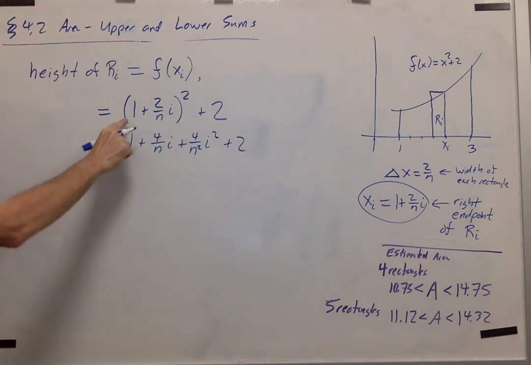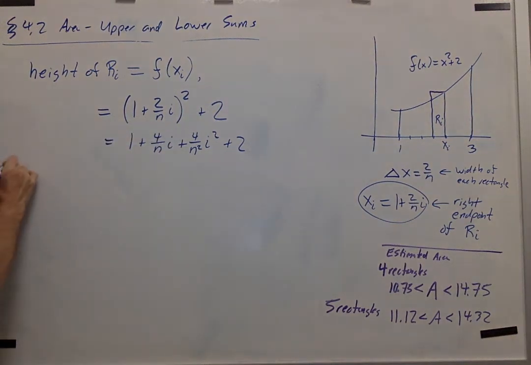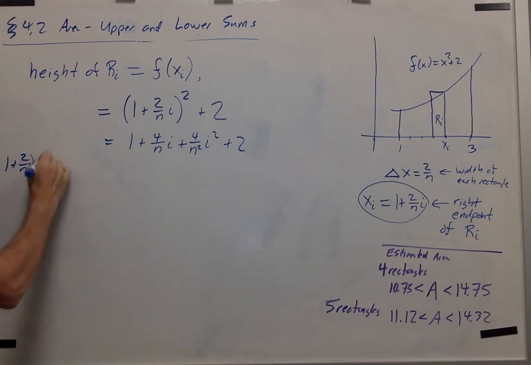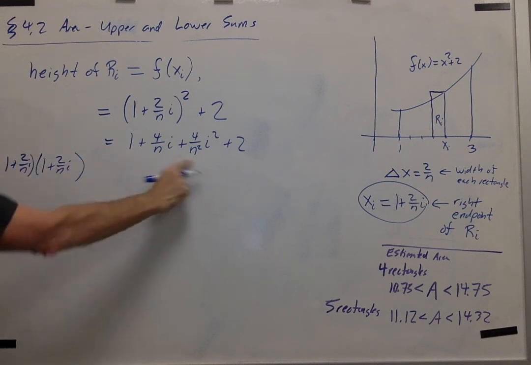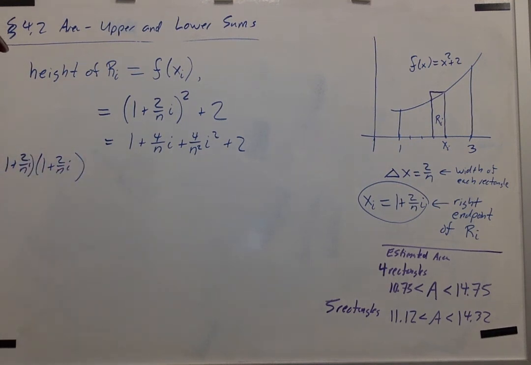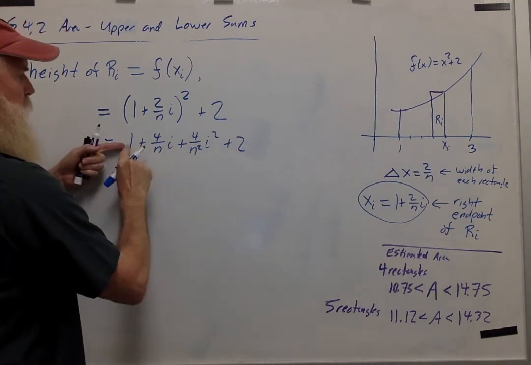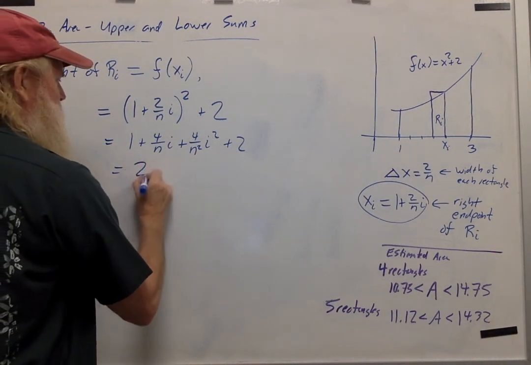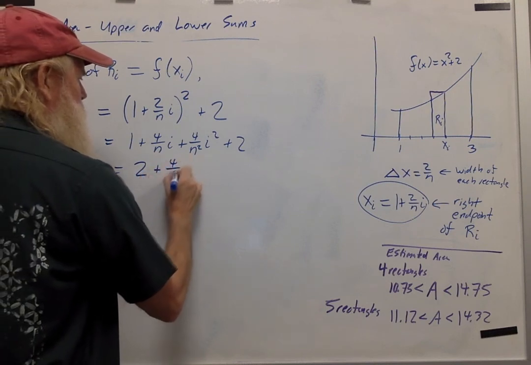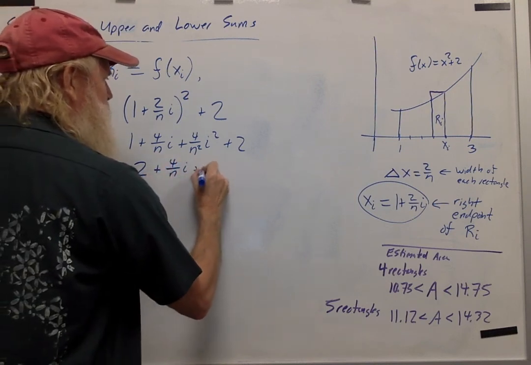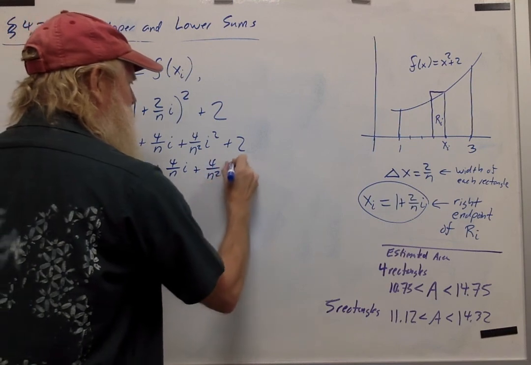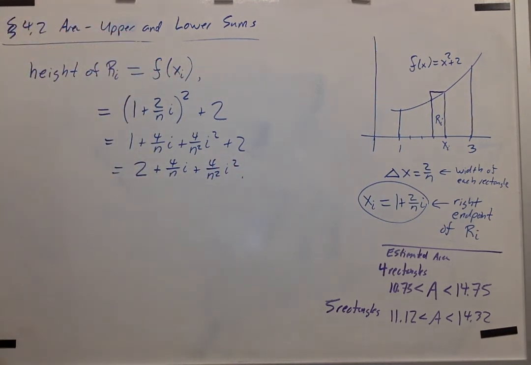Notice here, if you're not able to multiply that out in your head, what we're doing is taking 1 plus 2 over n times i and multiplying it by itself. So FOIL that out, and this is what you want to get. The only two like terms are the 1 and the 2. So this is 2 plus 4 over n i plus 4 over n squared i squared. And that's the formula for the height of R sub i.